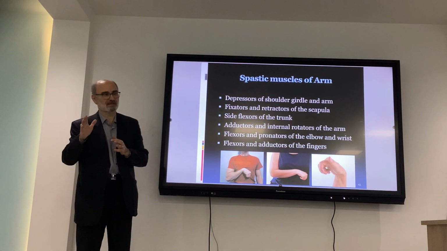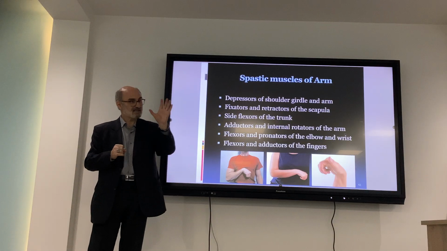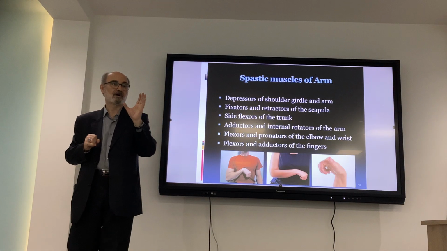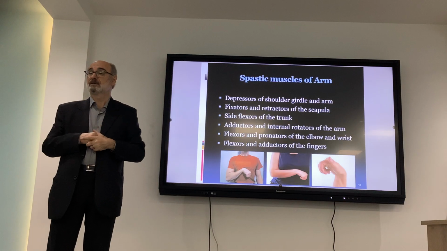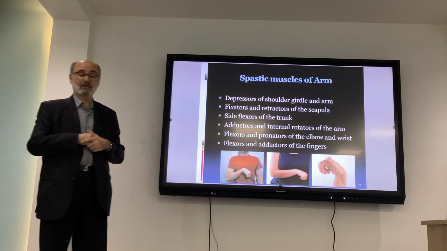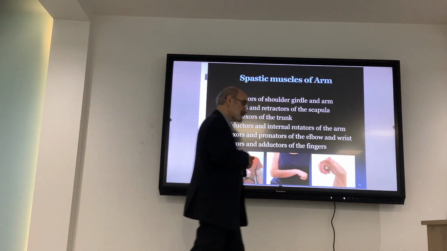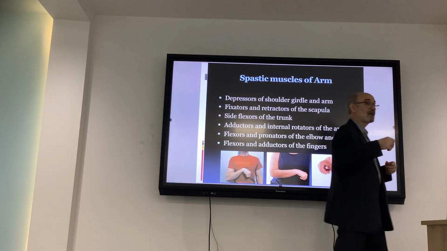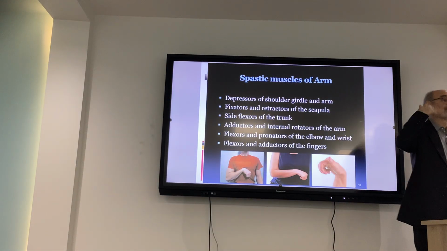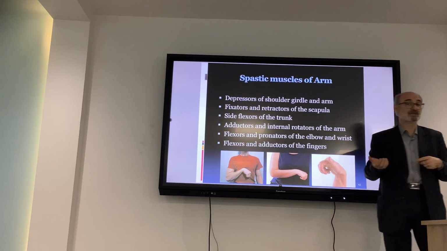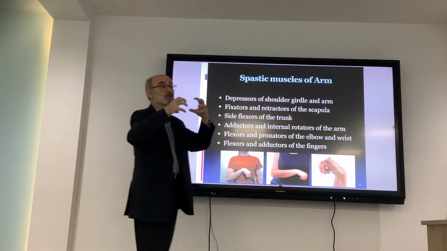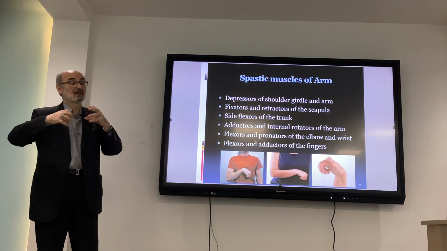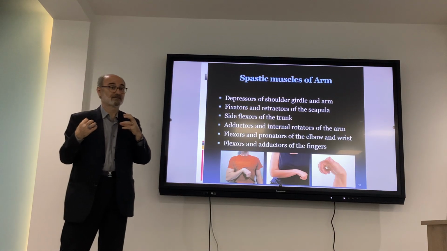On the affected side, of course, it's not severe usually, unless they use an assistive device for walking. In the later recovery stage, they may show not spasticity actually, but shortening, especially on the affected side.